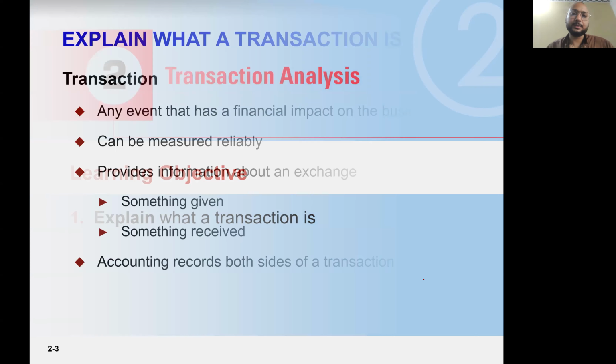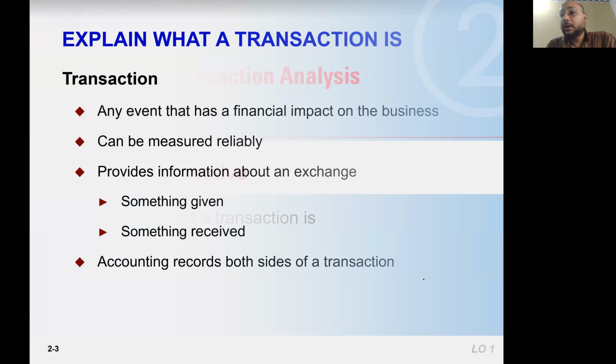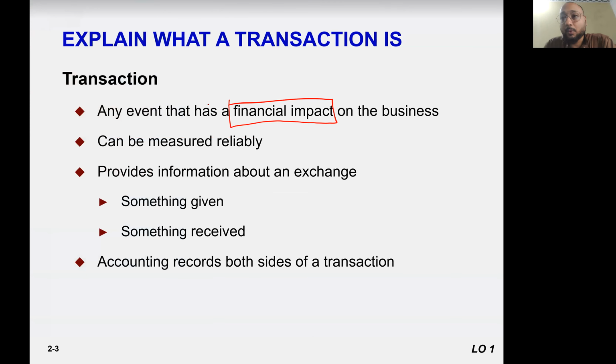So let's talk about what we mean by a transaction. A transaction in accounting means any event that has financial impact on the business, right? Financial impact. If something is coming into the business and it has no financial impact, that is not a business transaction. For example, cool air is coming to your house or to your office without any air conditioner or electricity, because the weather is fine, so you open the windows.